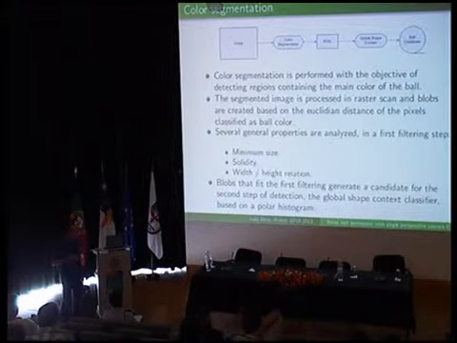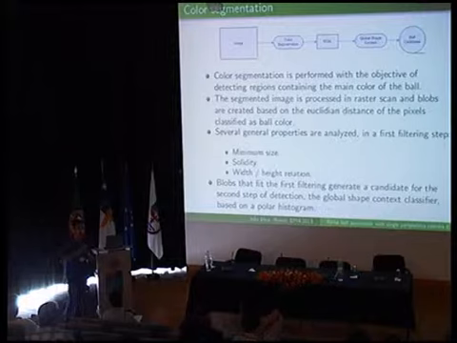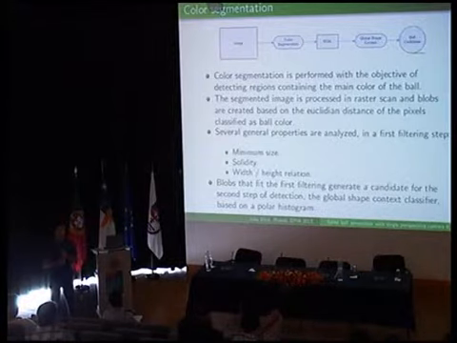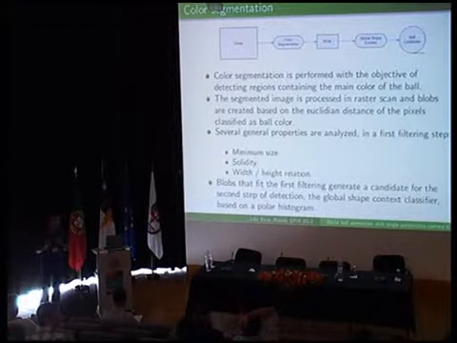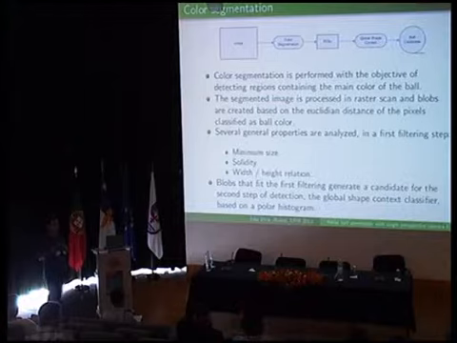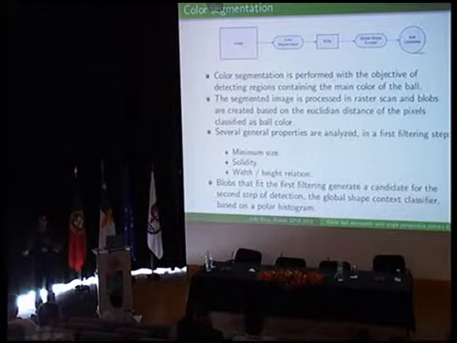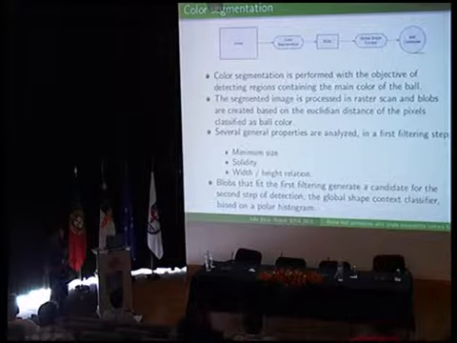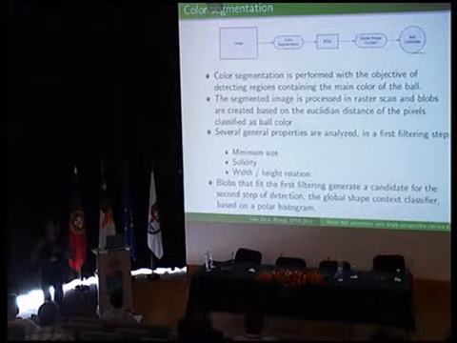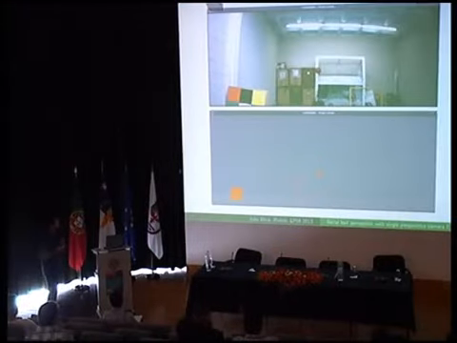Afterwards, the blobs that pass this first evaluation are used to create regions of interest on the image, and these regions of interest are then analyzed by a global shape context that will give us the final candidates of the ball, and those are the ones that will be evaluated to know the position of the possible ball.